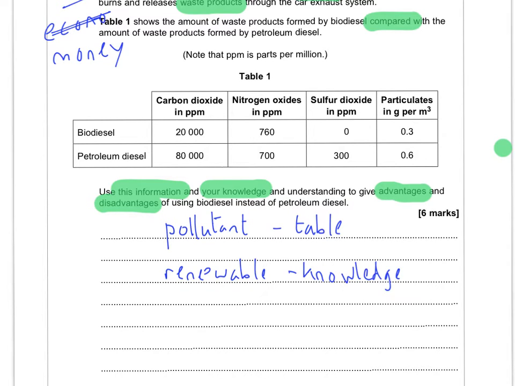And then I'm also going to use a bit of my own knowledge to then follow on from what the table says. So we'll do an example, but first we'll look at the table.